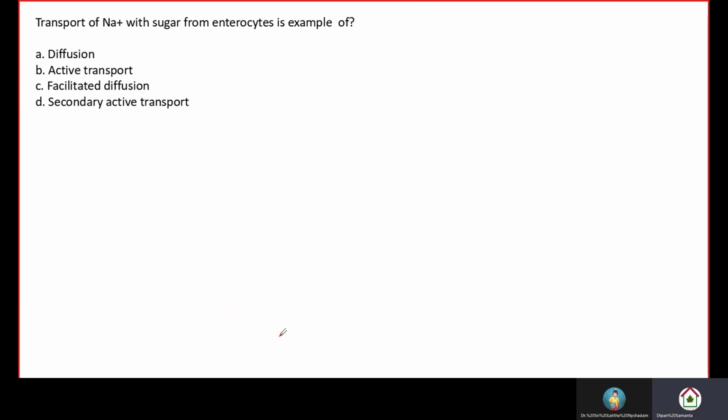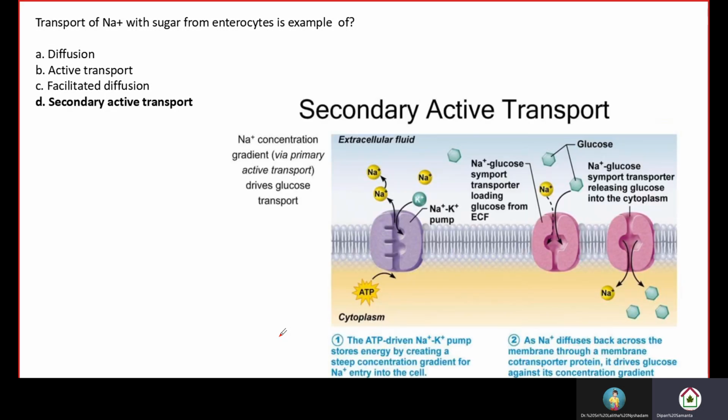Okay, next: transport of sodium with sugar from the enterocyte is an example of diffusion, active transport, facilitated diffusion, or secondary active transport. Obviously, secondary active transport. As we know, what happens in secondary active transport?